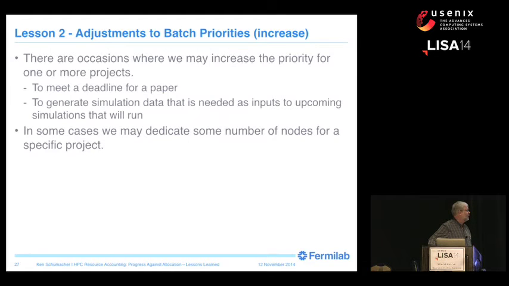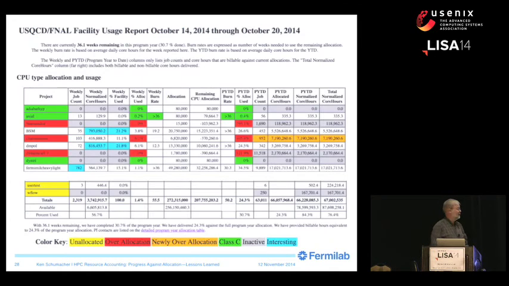There are occasions where we may need to increase somebody's priority. If they've got a paper coming up and they've got a lot of processing they have to do, we'll tell them we'll up their priority for a couple of weeks. Everybody does that kind of stuff. In some cases, they need so much processing that we have to dedicate some number of nodes, in which case they're the only person that can use them, and they get charged 100% for that time.